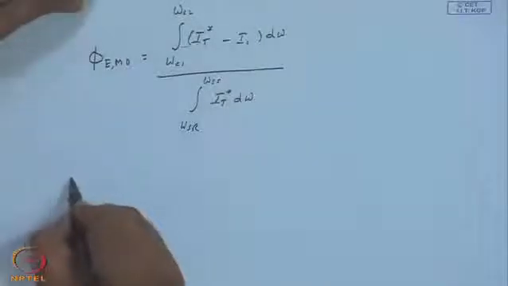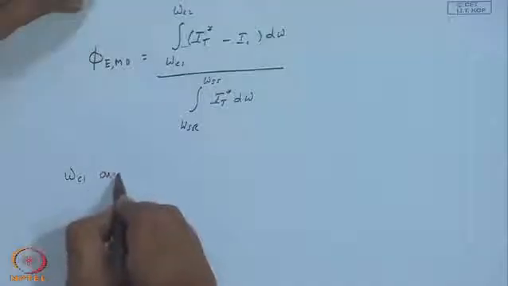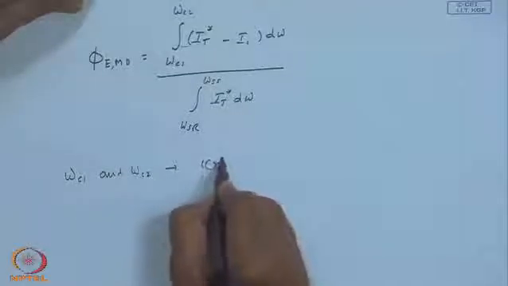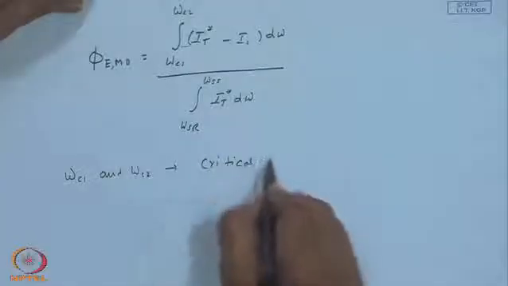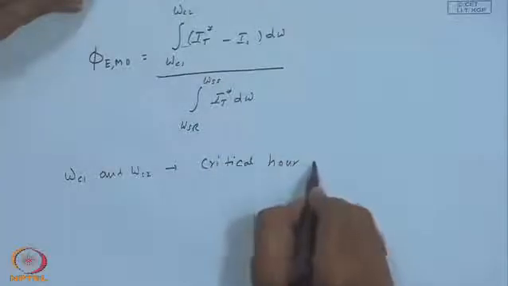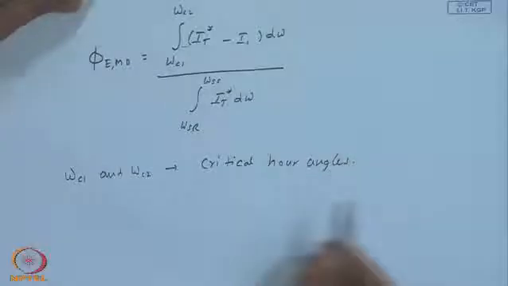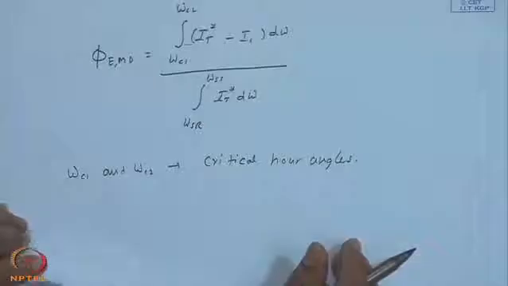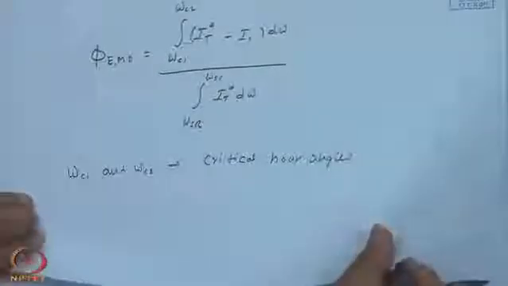Omega c 1 and omega c 2, which I shall call the critical hour angles, which may or may not be equal magnitude wise, depending upon whether it is south facing or non south facing collector.